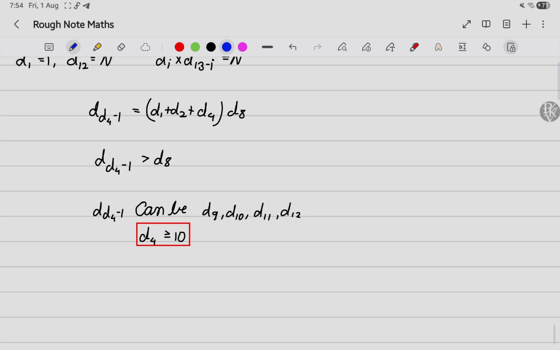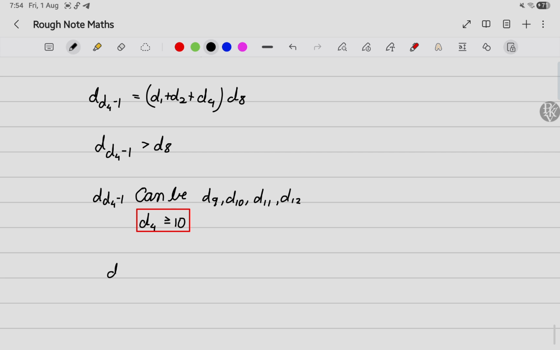Now as you can see, we know that d1, d2, d4 and all the d values are not negative. So we can conclude that d1 plus d2 plus d4 will be greater than d4.